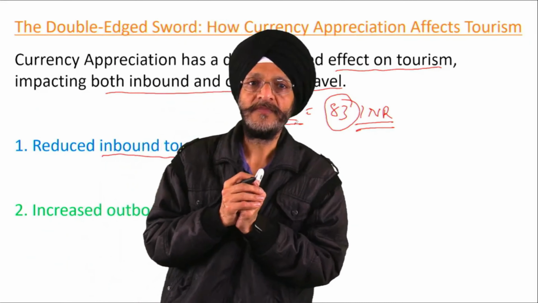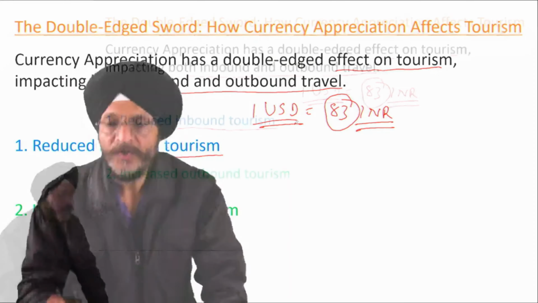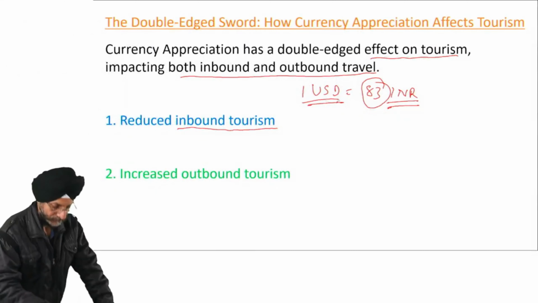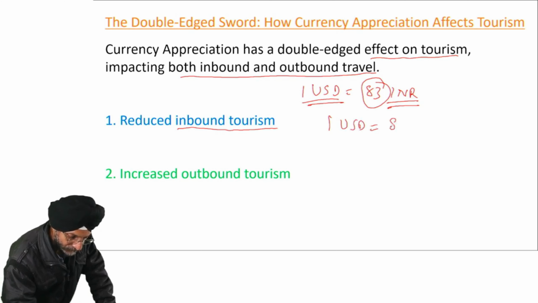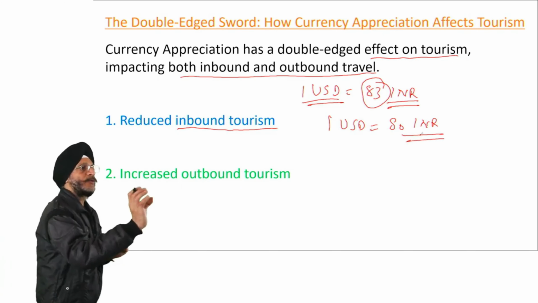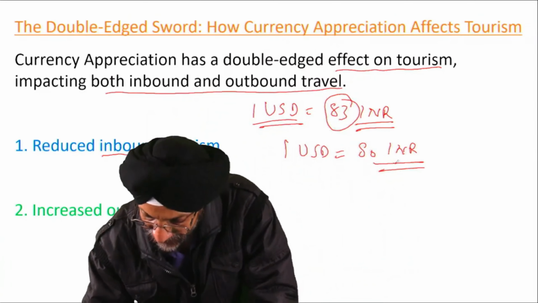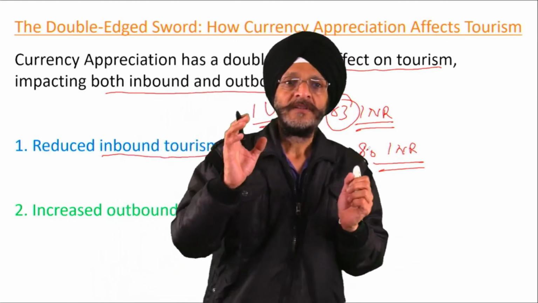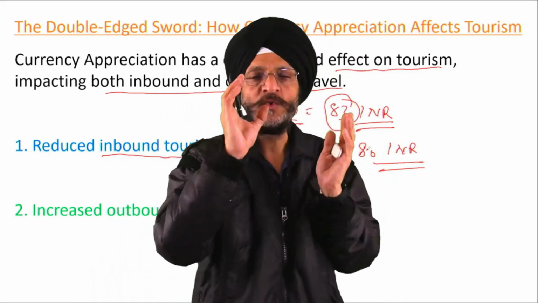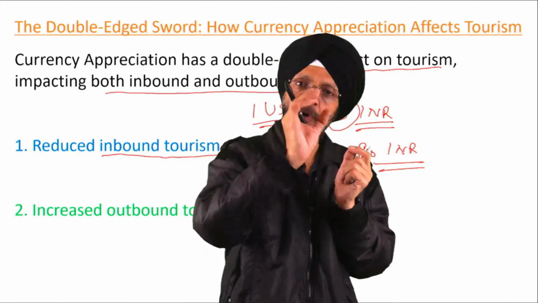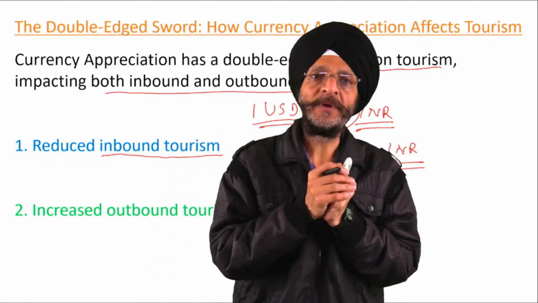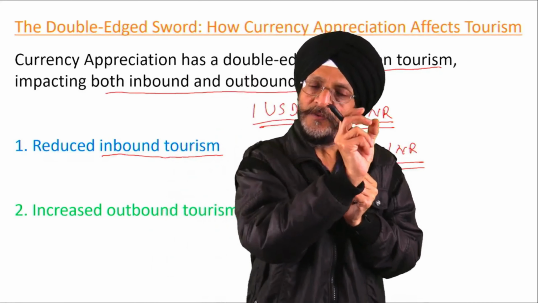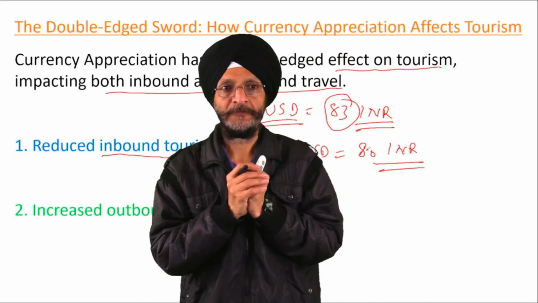Suppose the currency of India appreciates. Now the value of the Indian rupee has appreciated and 1 US dollar is equal to 80 Indian rupees. That is, now the tourists from USA will get less Indian currency in return for 1 unit of US dollar.